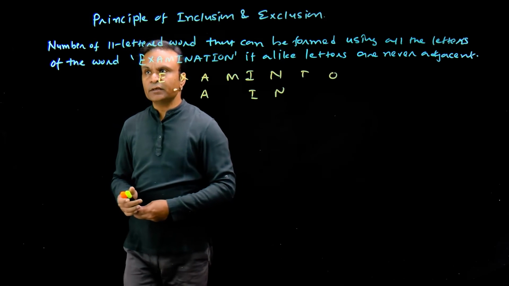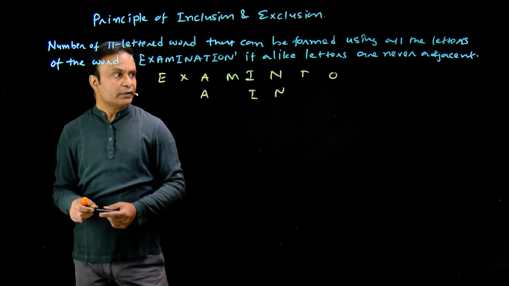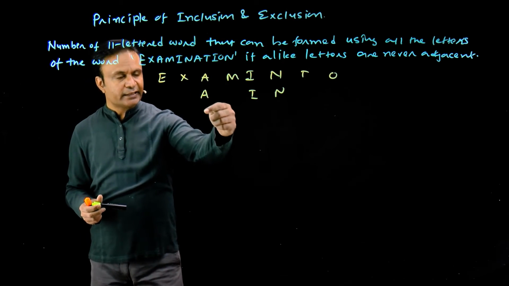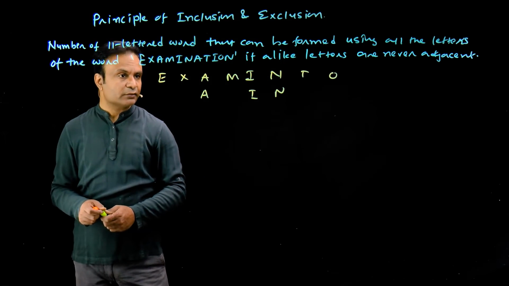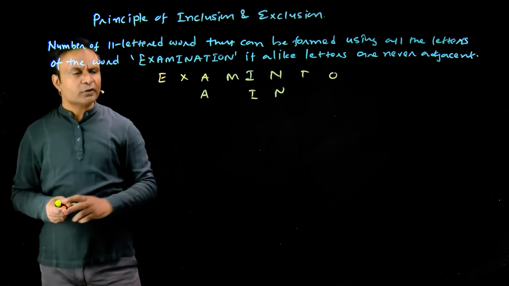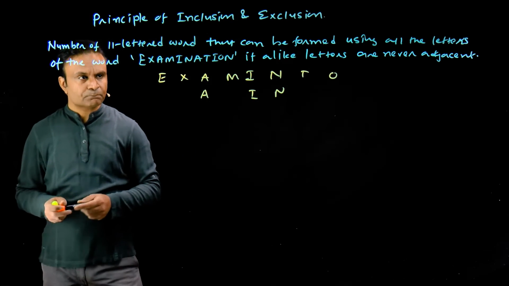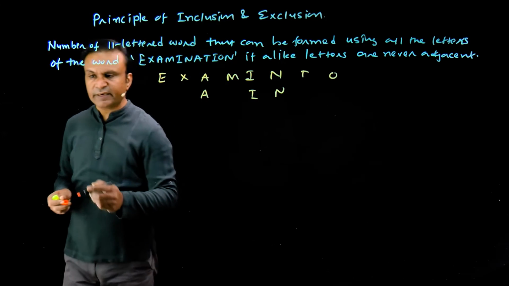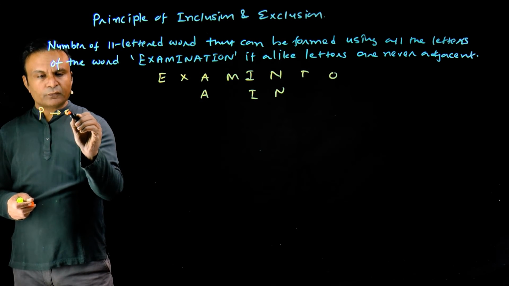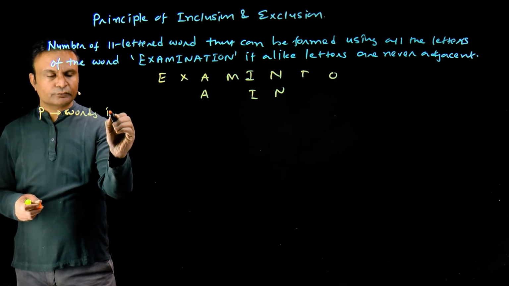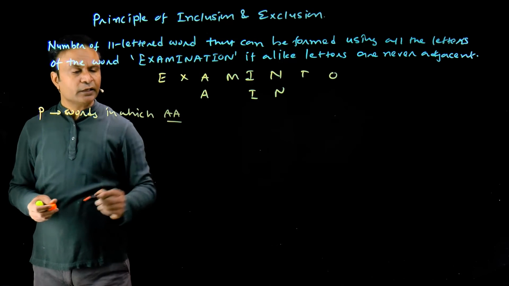Okay. Now what is the condition? We want words in which alike letters are never adjacent. यानी कि A साथ में नहीं होना चाहिए, I साथ में नहीं होना चाहिए, N भी साथ में नहीं होना चाहिए. Okay, let's do this using set theory formula. For that I will be defining some sets. Suppose set P is a set of words in which A are together.